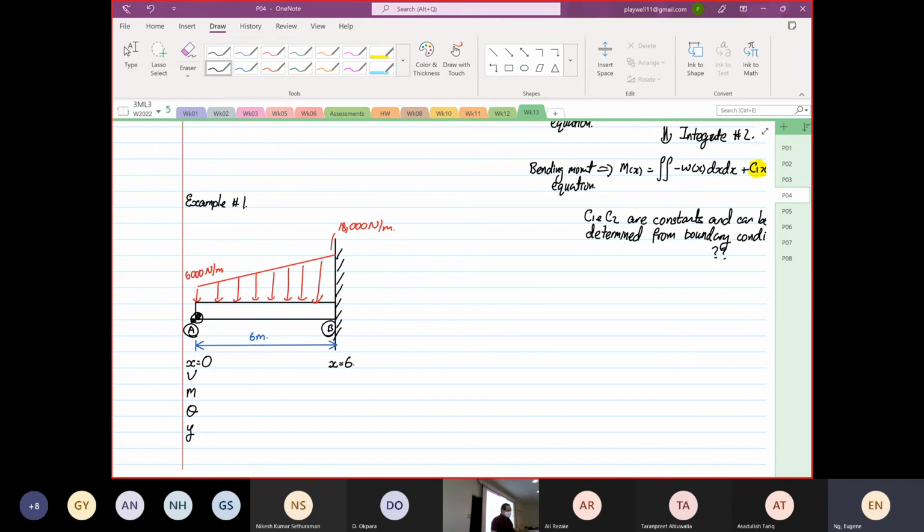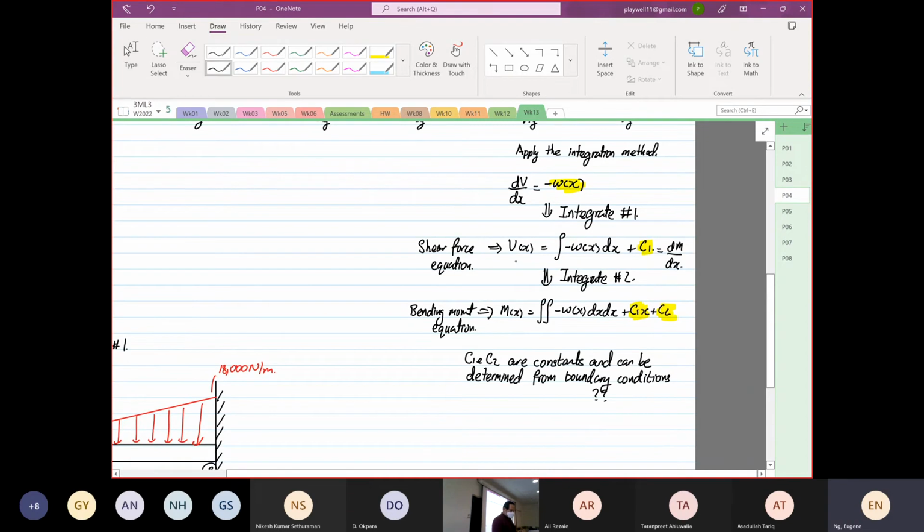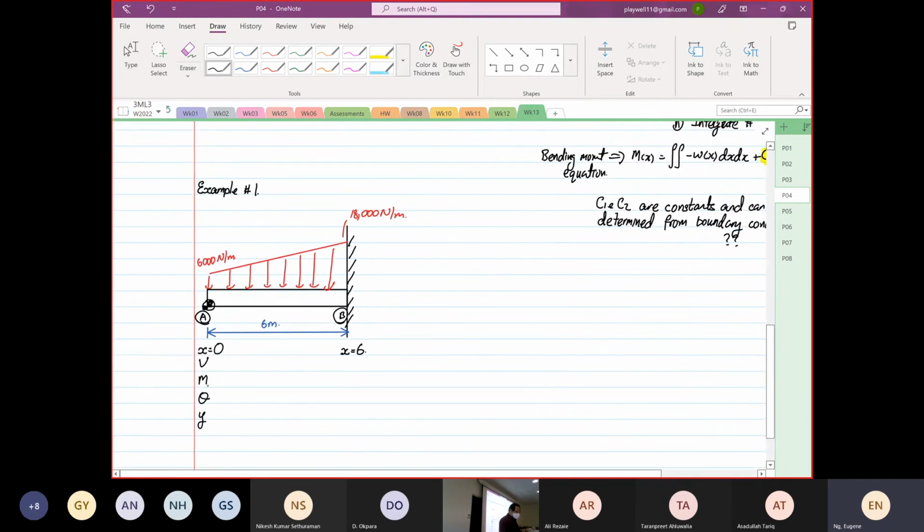Why is that? Remember what I taught you? The shear force, you integrate, you get what? Bending moment. That's why V and M. Then, if time permits, when we integrate the moment, we get the slope, which is theta.